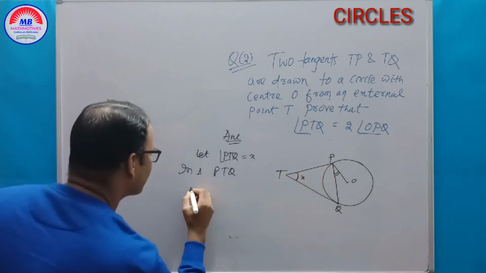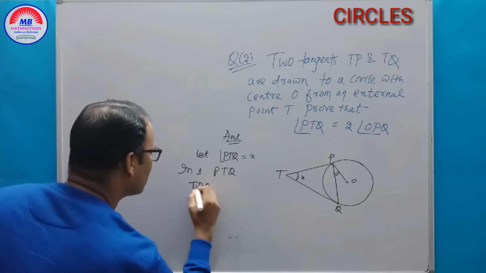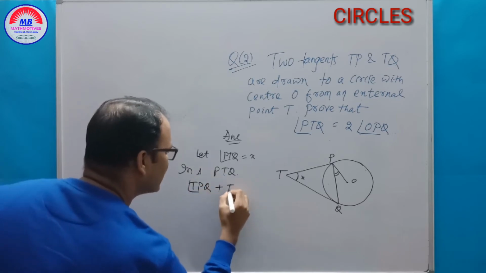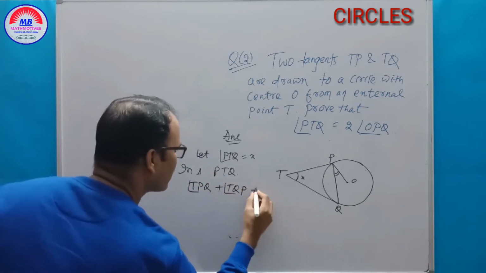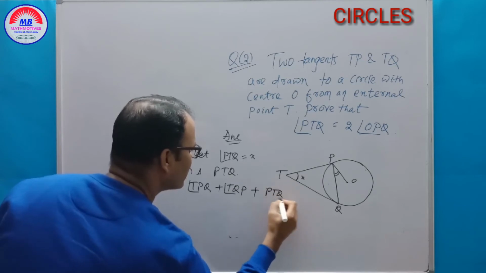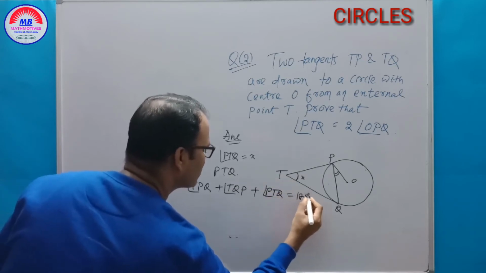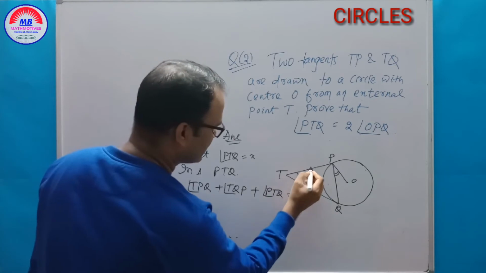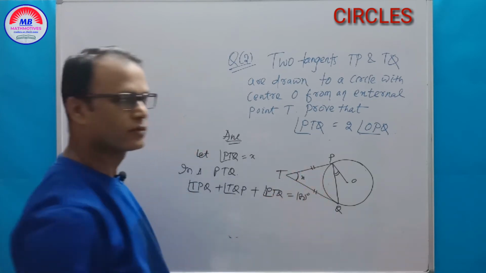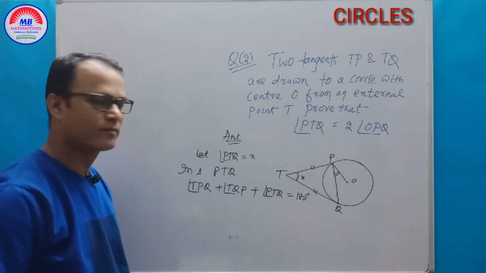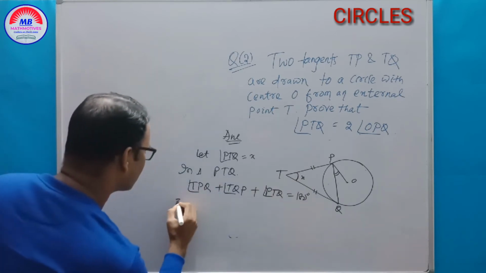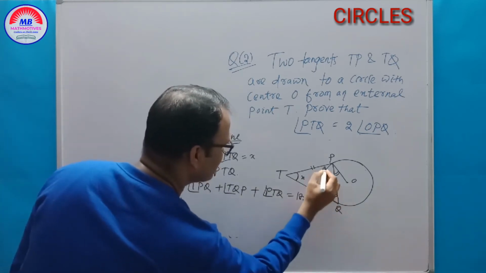So you can write angle TPQ plus TQP plus PTQ is equal to 180 degrees, angle sum property. We know that two tangents from an external point are equal, so this angle is equal to this angle.